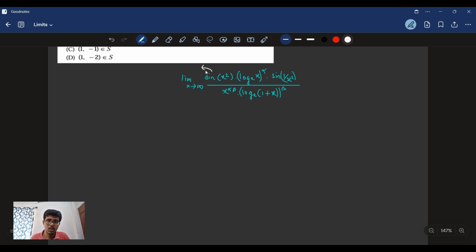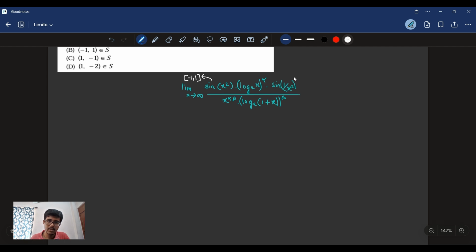Before moving any further, sin of x square, if I put x as infinity here, is going to give me a value between -1 and 1. Now log of x, where x is tending to infinity, is basically infinity, and sin of 1 by x square is going to be sin of 0, that is, it is going to be 0.